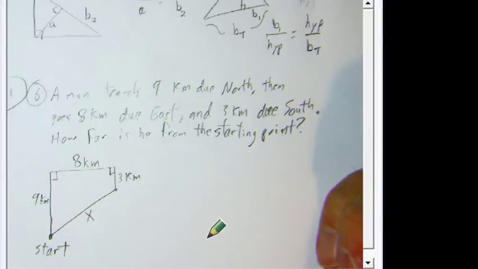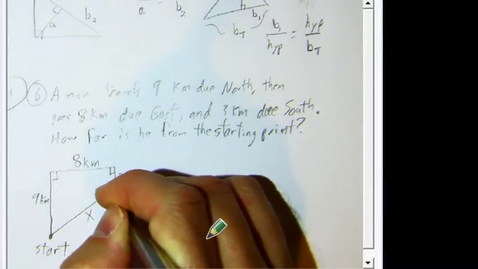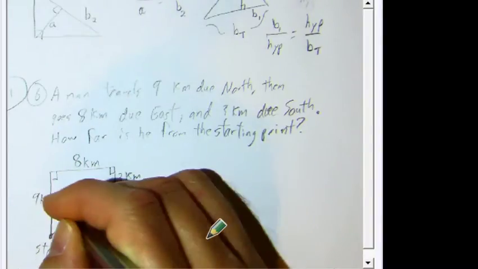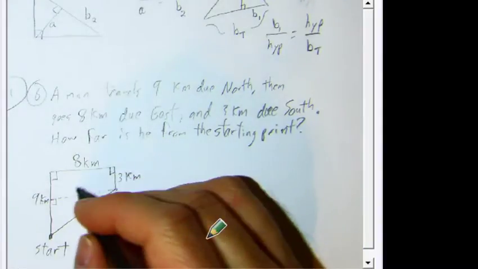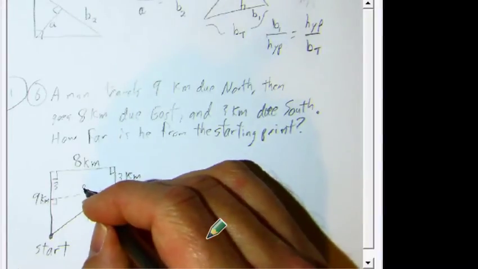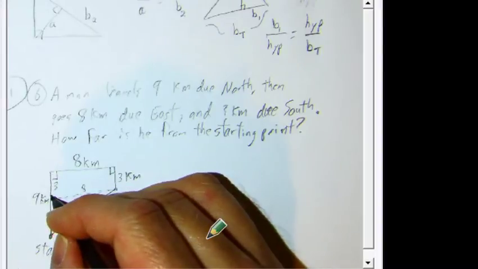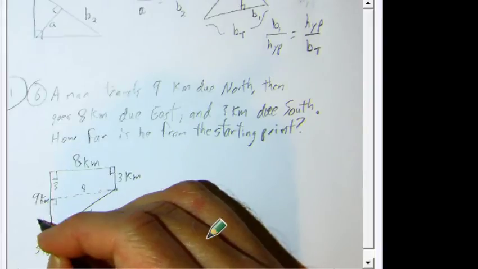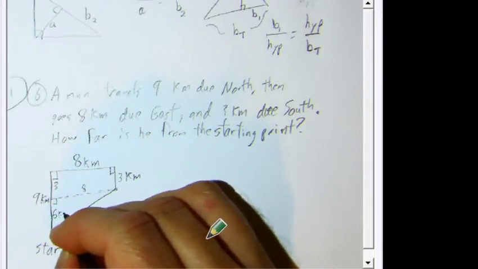Now, the way that this problem works is we turn this top piece into a rectangle and the bottom piece into a right triangle, like this. So when I do this, I know this piece is 3 because that piece is 3, and I know this piece is 8 because that piece is 8. Since this is 3 and the whole side is 9, therefore 9 minus 3 makes this side 6 kilometers.